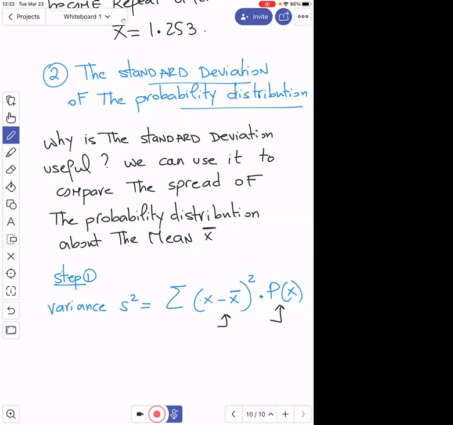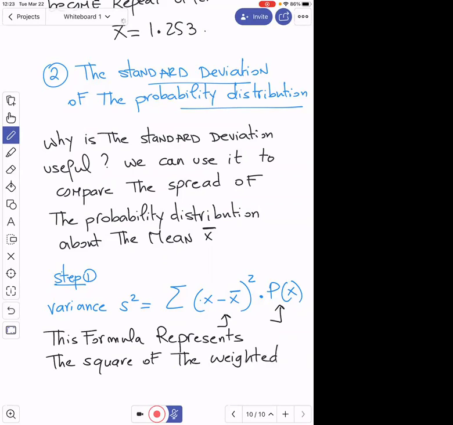So this formula represents the square of the weighted distance between X and X bar.